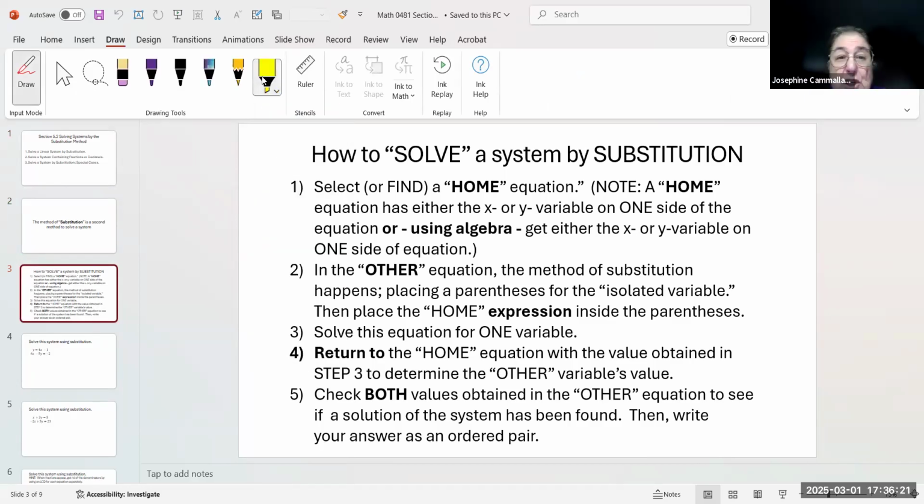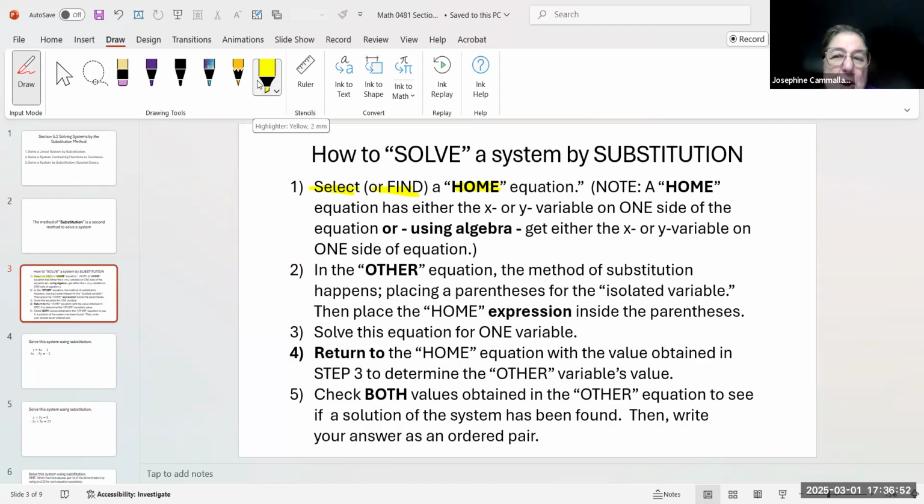We have two equations, and we are going to have to select or find what we call a home equation, because the process of substitution starts with the home, you go to another equation, and then you come back to the home. So it's like you make a circle process.